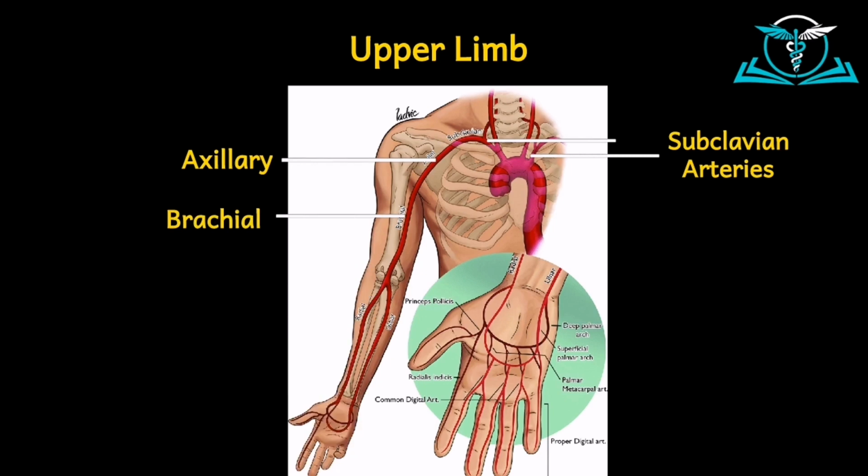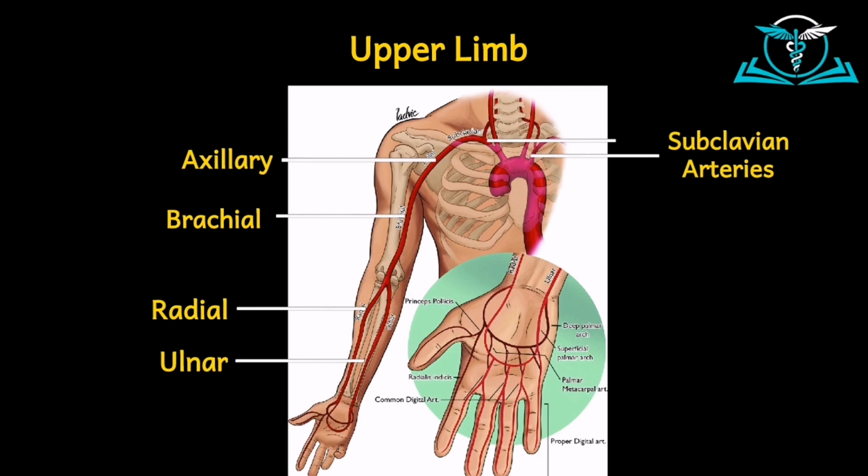The point I want to make here is that the subclavian artery becomes the axillary artery, which also becomes the brachial artery: the same artery, but the name changes depending on the point at which it is found. Then the brachial artery will divide into the radial artery, as labeled, and the ulnar artery.